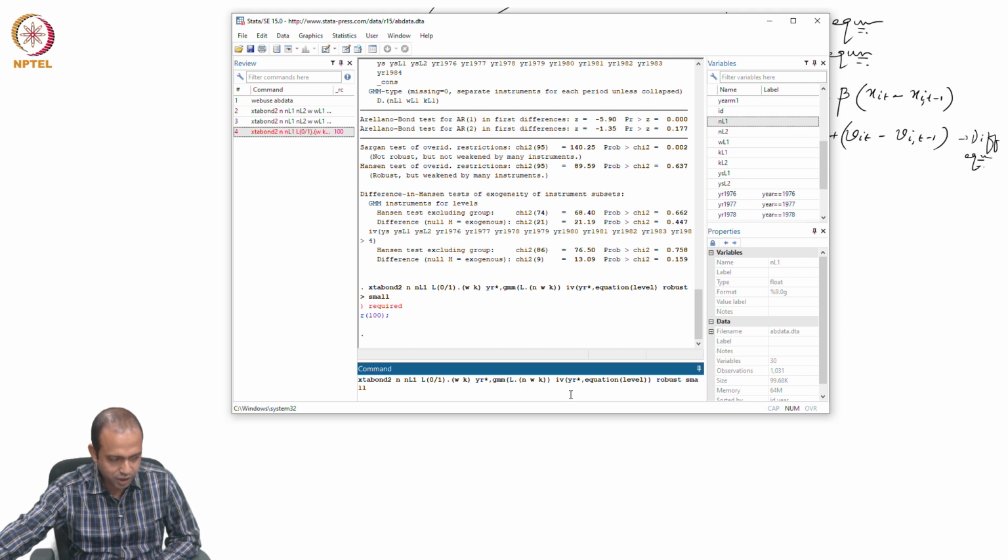IV is YR star comma equation level, and then we need to put that. Then robust, small.